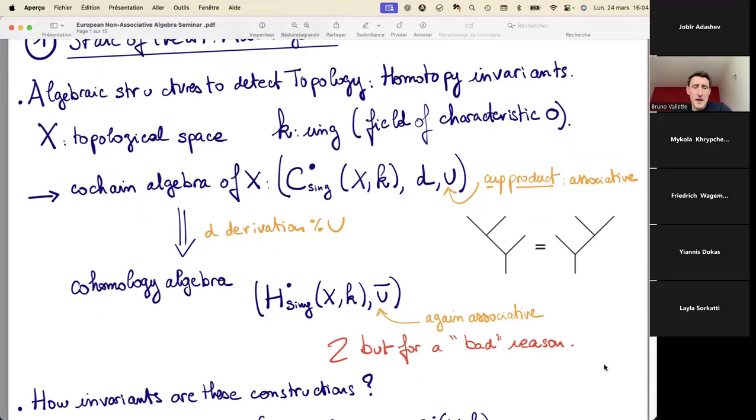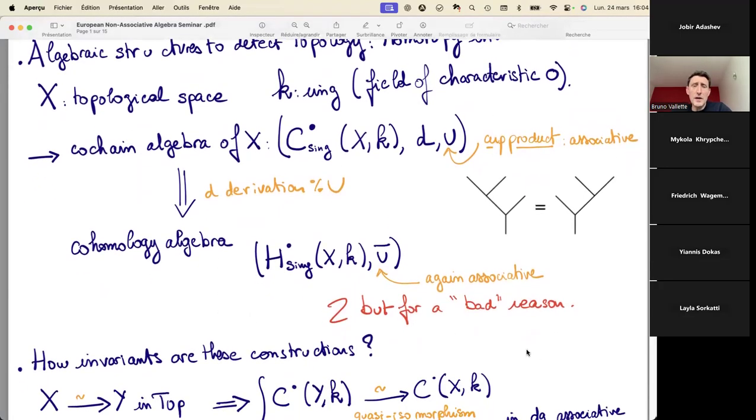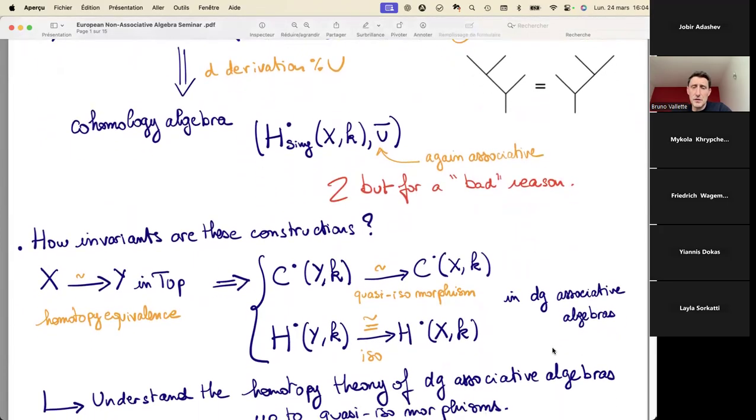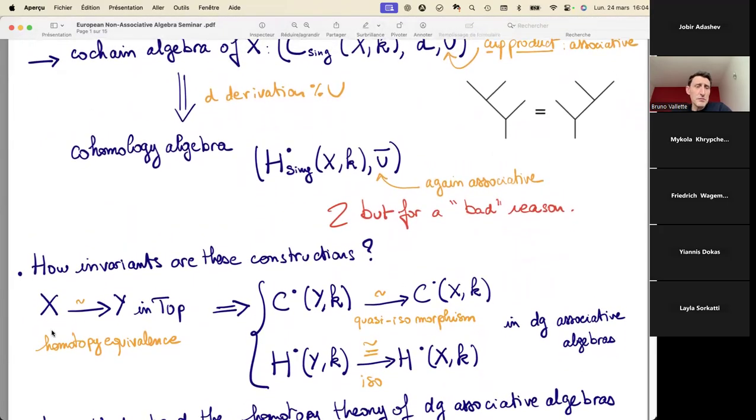Okay, so now let's see how invariant these constructions are. They do behave quite well. If we have 2 spaces which are homotopy equivalent, then the associated cochain complex and cohomology groups are related. The first one by a quasi-isomorphism, which means that it induces an isomorphism on the level of the cohomology groups. So this is quite cool.